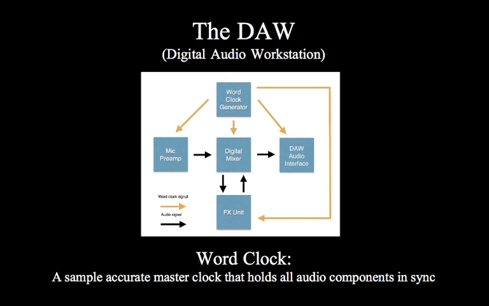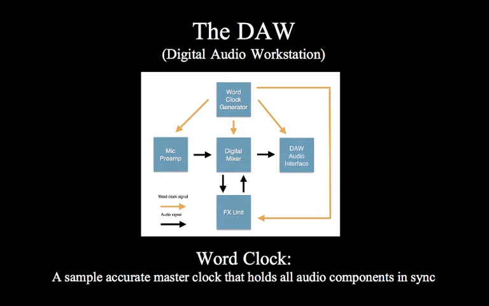So the word clock is typically going to be in the computer from which the DAW is. Whatever is the main digital audio workstation, that computer will be responsible for generating the word clock.